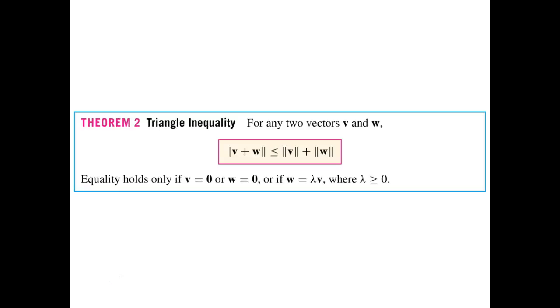But if there's any angle in between, then the magnitude of the sum of the vectors is going to be less than the sum of the magnitudes. It's got to be. Okay? Think of the parallelogram method, though I don't like it.